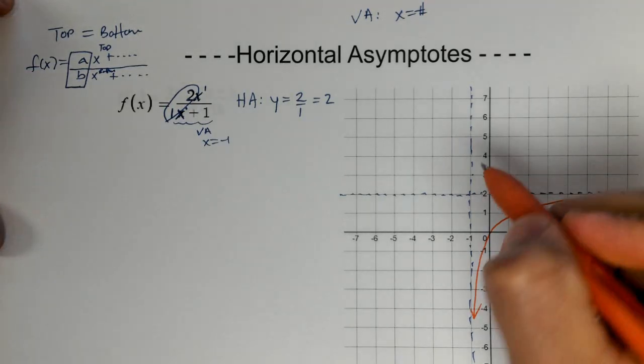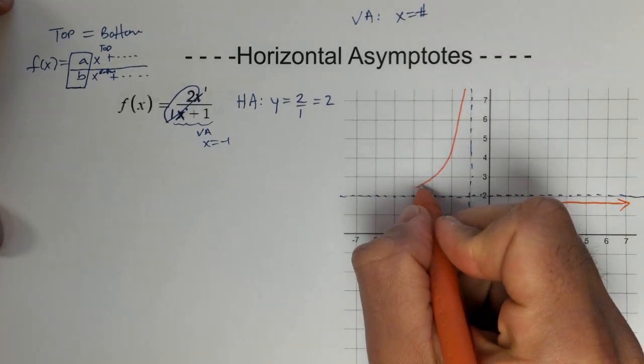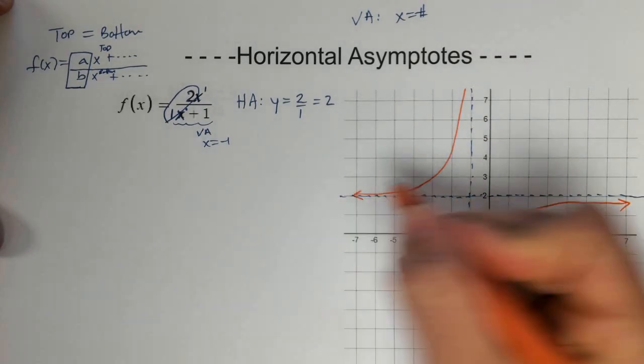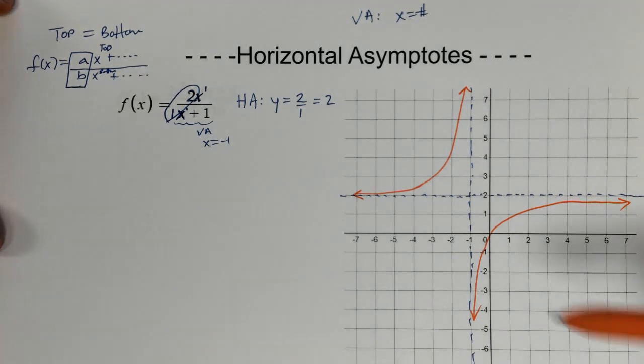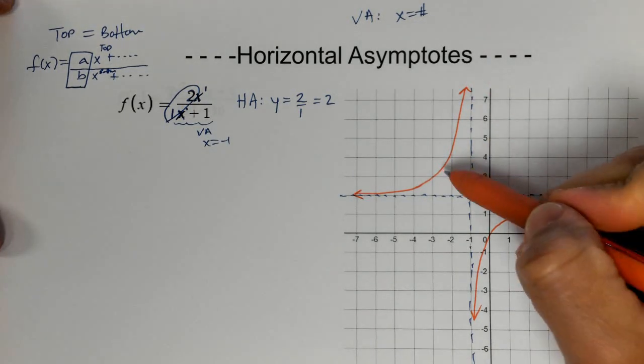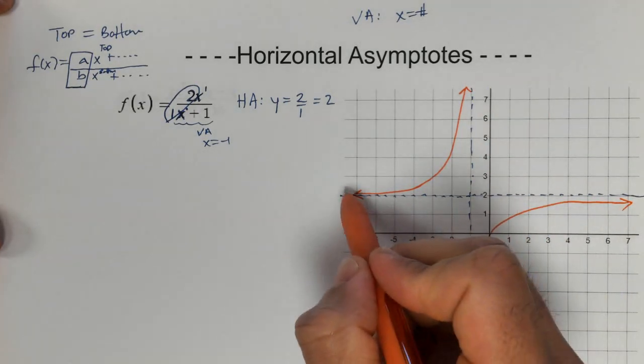And on the other side, it would be going upward in this direction. Notice how now we have a vertical boundary that the function is going to get really close to and never cross, and a horizontal boundary.